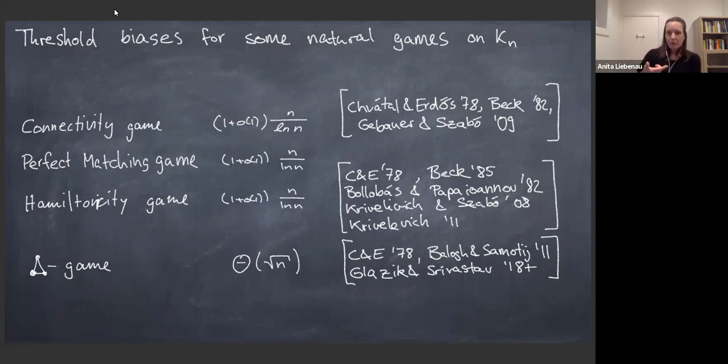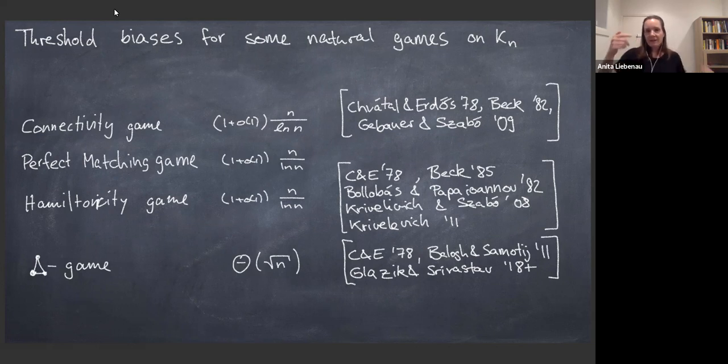They proved for each of these 3 spanning games that if the bias is (1 plus epsilon) times n over log n, then breaker has a winning strategy. And the winning strategy for breaker really is just isolating a vertex. So that's all they did. When B is (1 plus epsilon) times n over log n, breaker can isolate a vertex. So in these 3 spanning games, breaker wins.